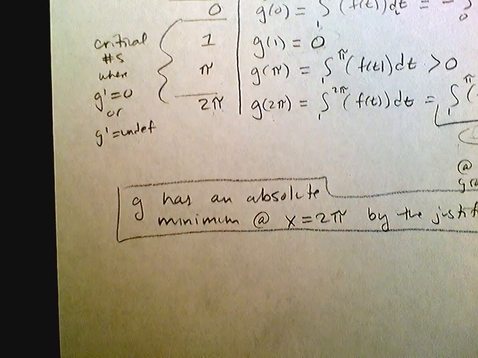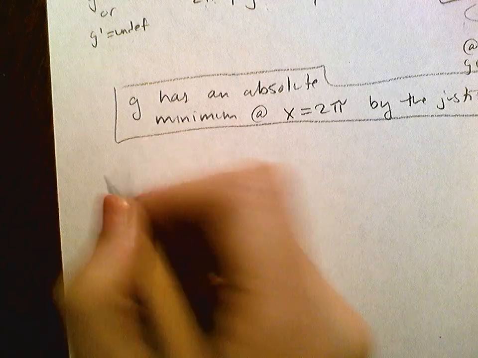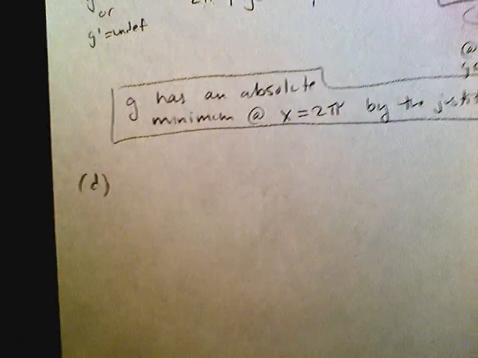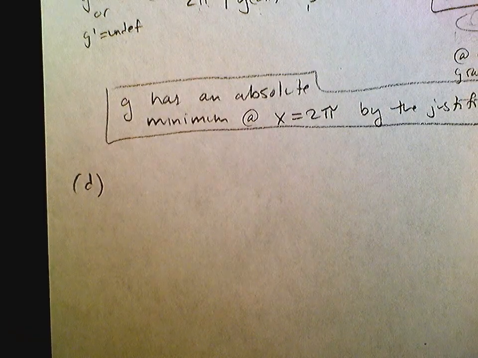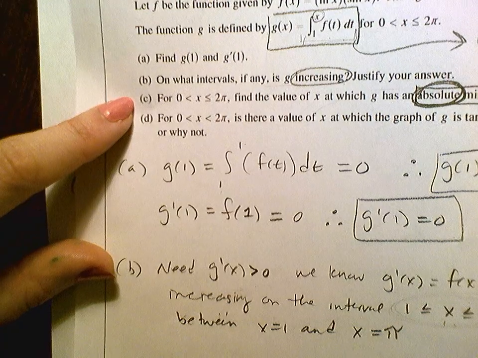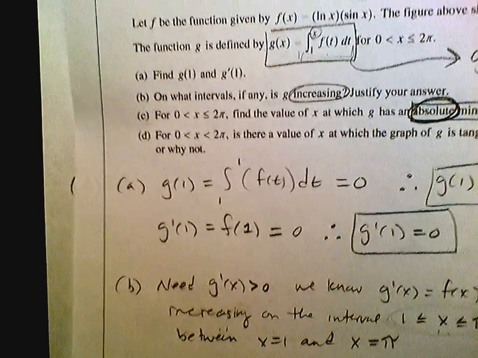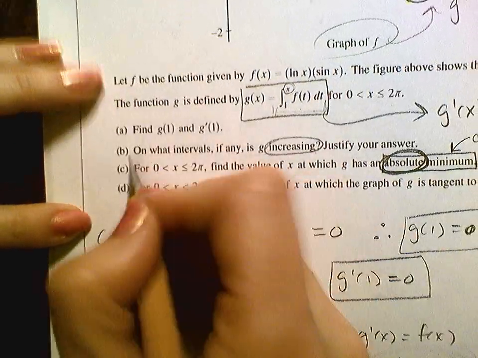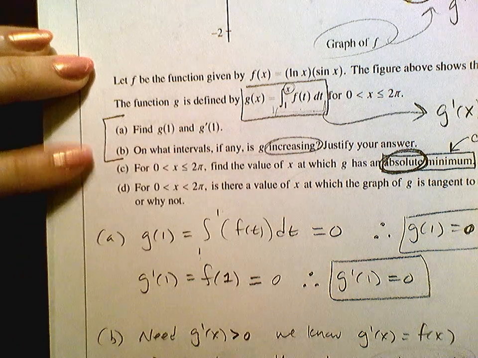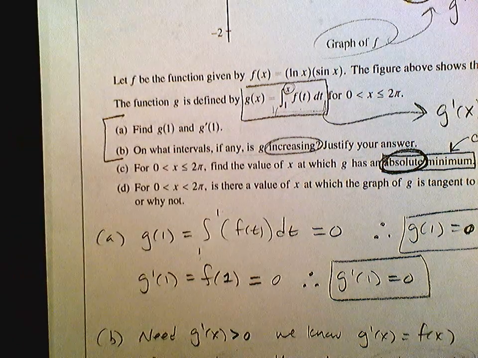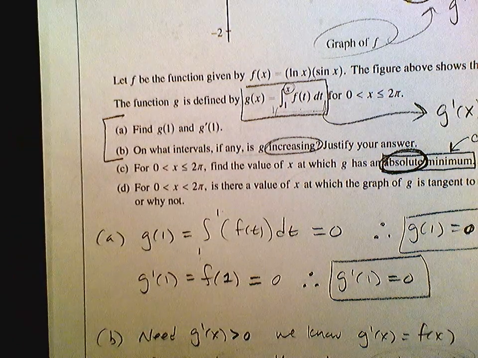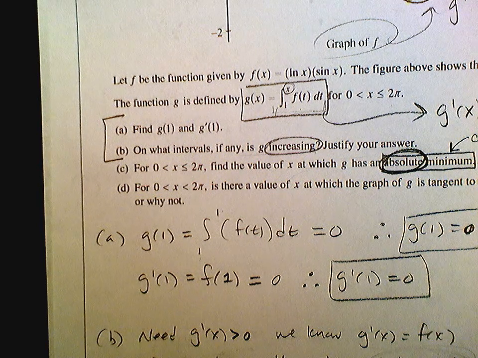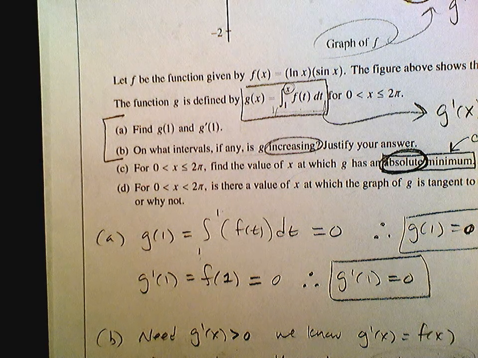Okay, now, part D. So, part D. Okay, and let me pause just for a second. Guys, A and B, you can get that. You absolutely can get that. That's 4 out of 9 points right there. And that's better than the national average.